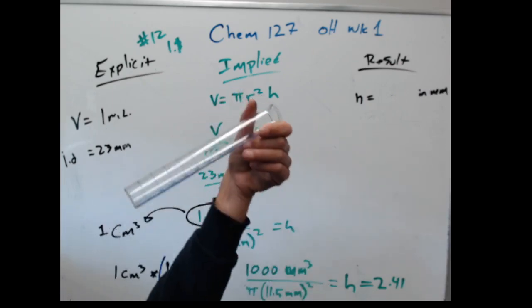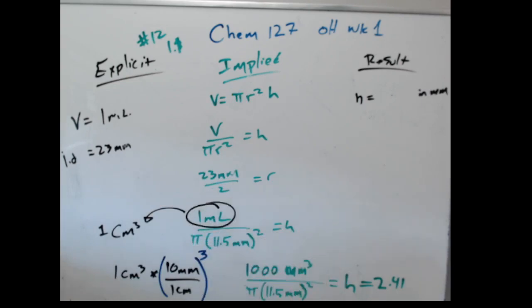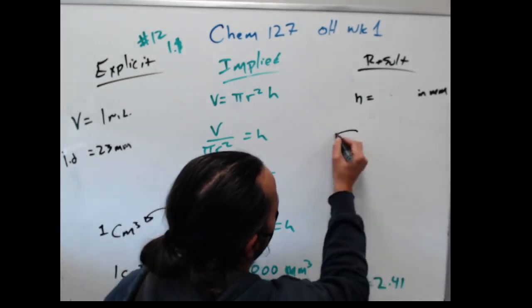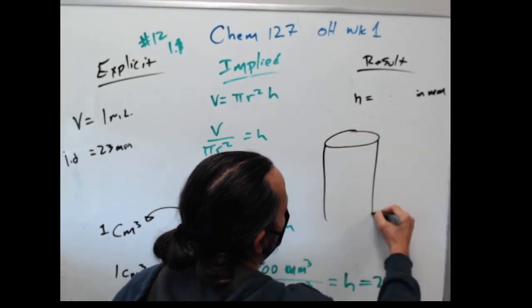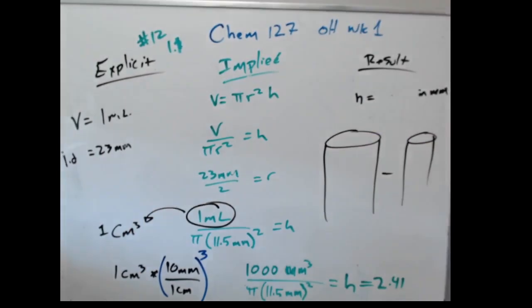How do you get just the glass part? Do you remember from your geometry classes? I'll just tell you real quick: big cylinder minus little cylinder. It gives you the volume of the glass.